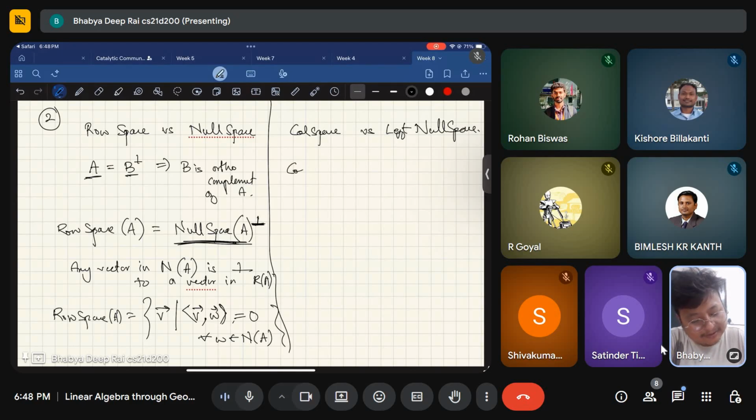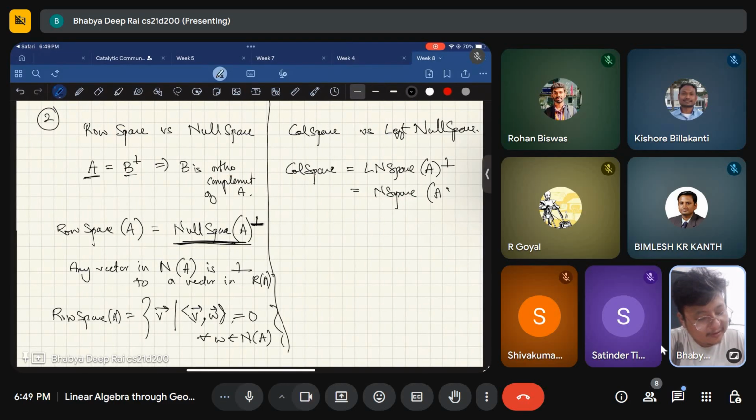Similarly, the column space is the orthogonal complement of the left null space. And what is the left null space? Nothing but the null space of A transpose, right?